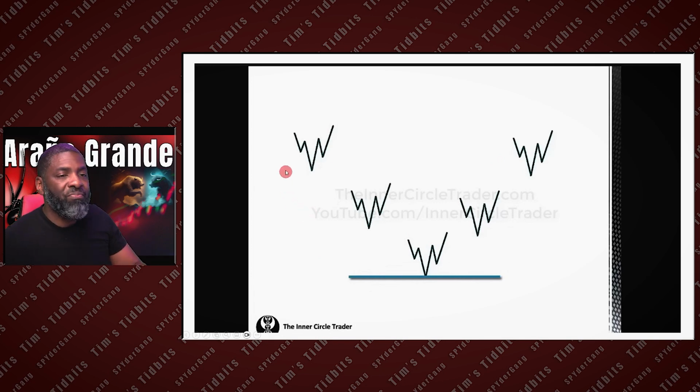Okay, so when price starts to trade down in a market maker buy model, this is not selling pressure that's pushing the market down. It's not selling pressure, because at this moment in time, the market price is actually bullish because the draw is the buy stops above the initial consolidation.